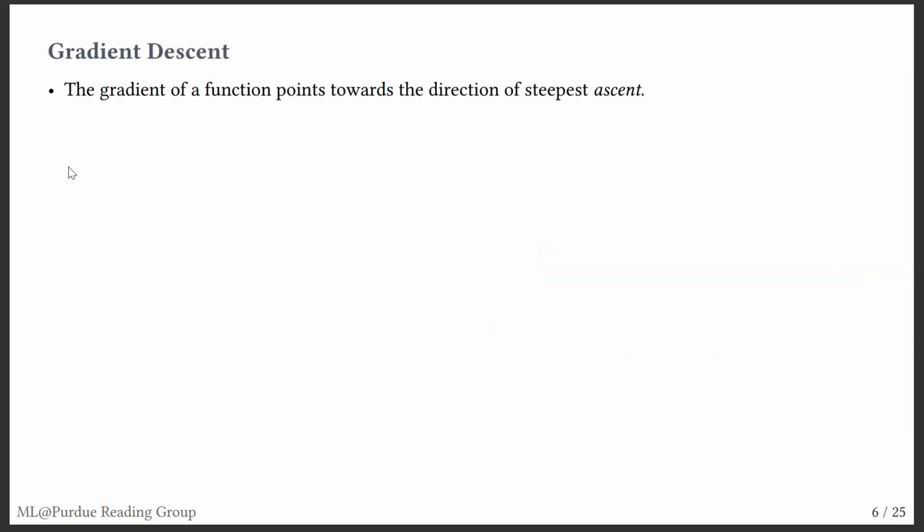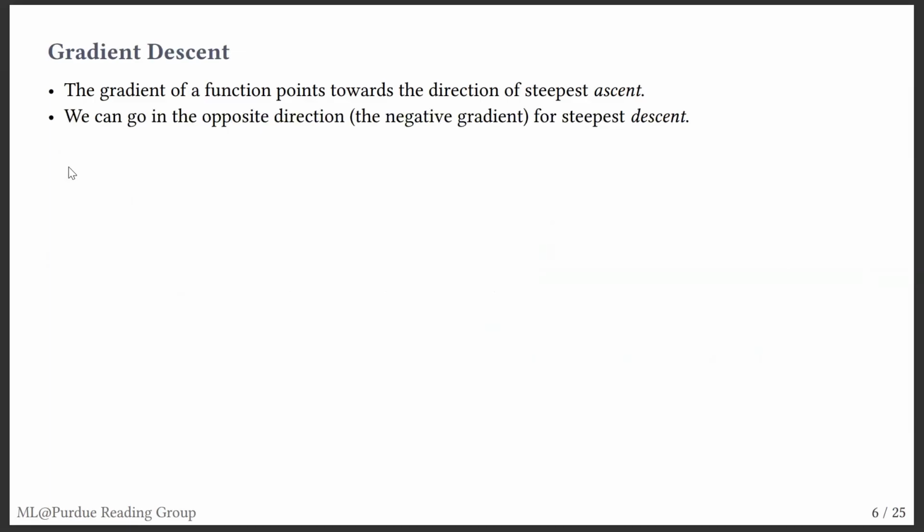I'm assuming most of you know about gradient descent, so let's just briefly talk about it. The gradient is the direction of steepest ascent, which means that the opposite is going to be the steepest descent. Again, we're trying to find a minima, so we want to go downhill.